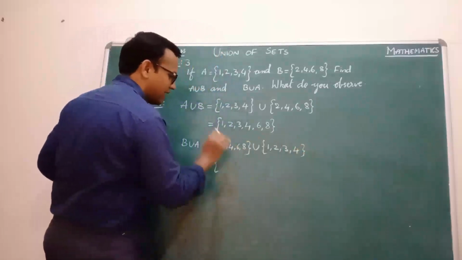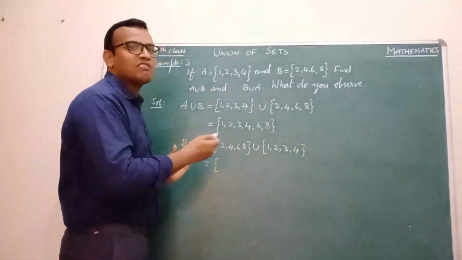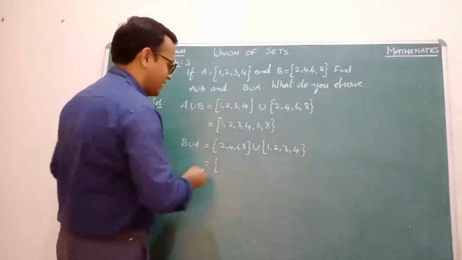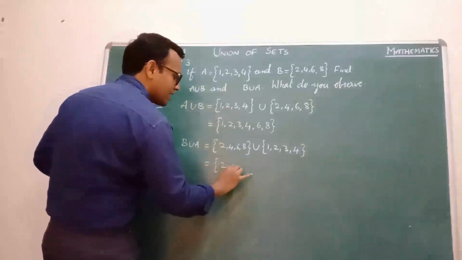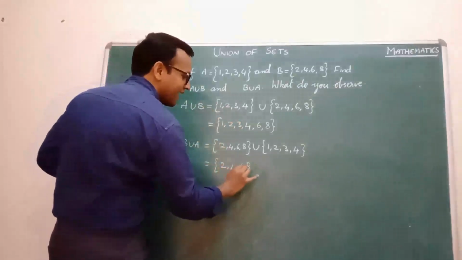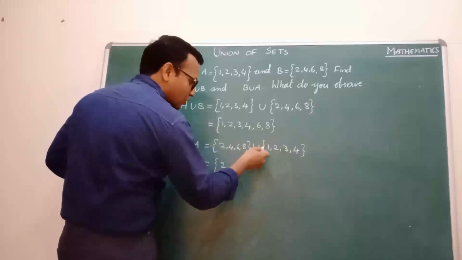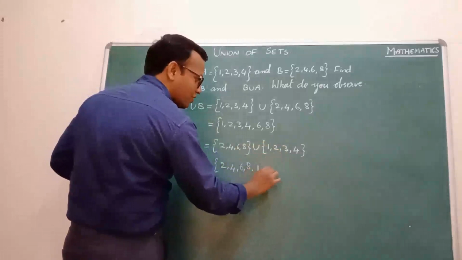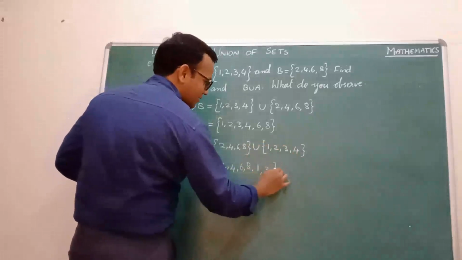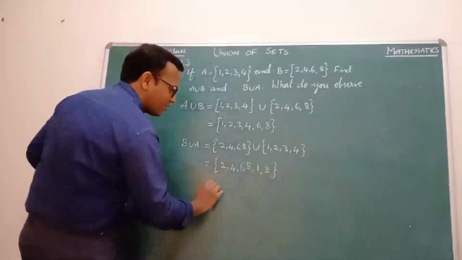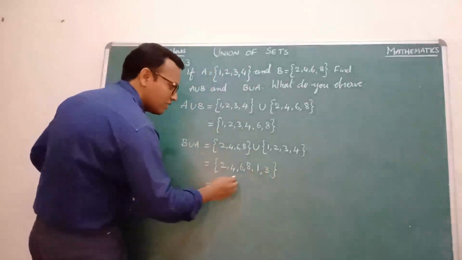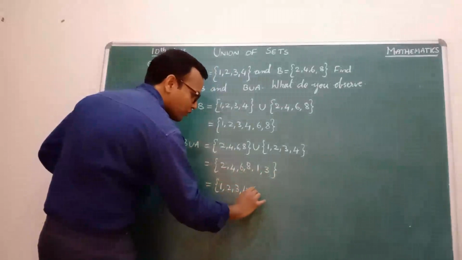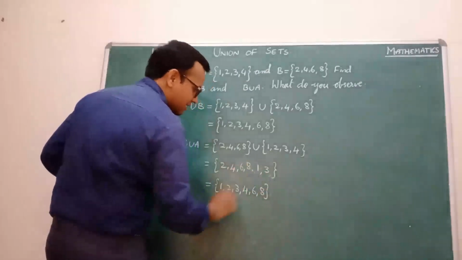Now let me write the union of B and A, meaning all the elements of set B and set A. The elements are like this: 2, 4, 6, 8, and then from here 1, 2 is written already, 3, 4 is already written. So that's it. Now let me write the elements in order: 1, 2, 3, 4, 6 and 8.